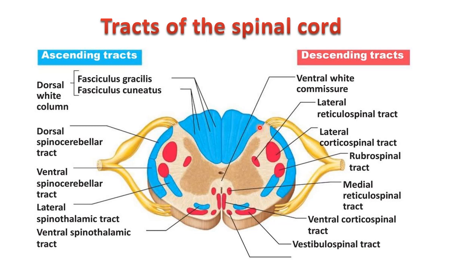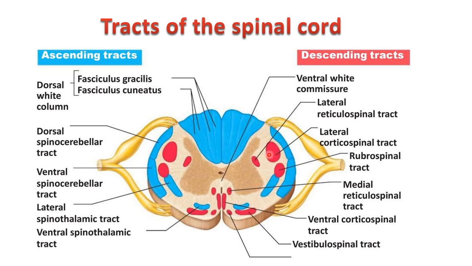Now coming to the descending tracts, as I told you, the major tract is the lateral corticospinal tract. Descending means they are coming from the higher center, mostly the cerebral cortex. So there is the lateral corticospinal tract, and in the ventral part you have the ventral corticospinal tract.